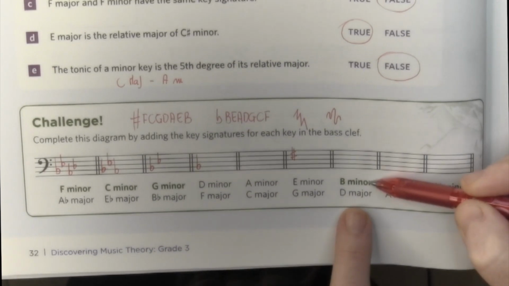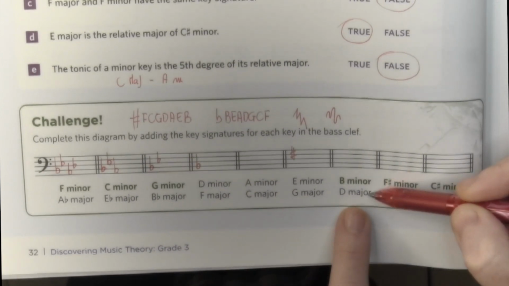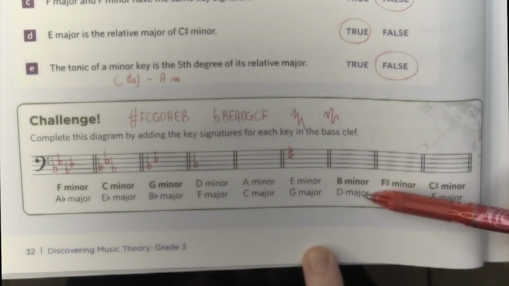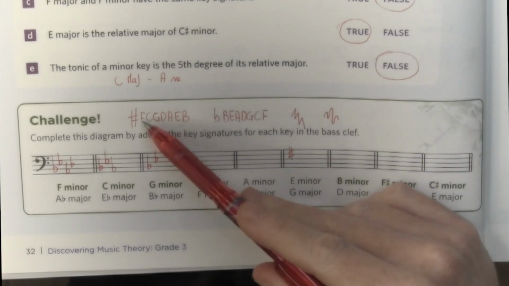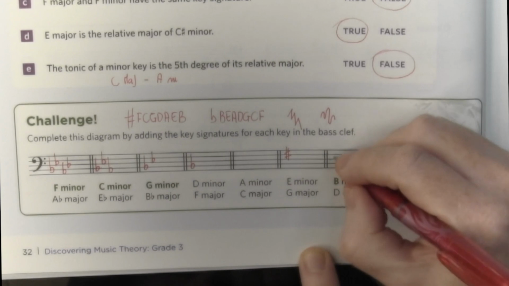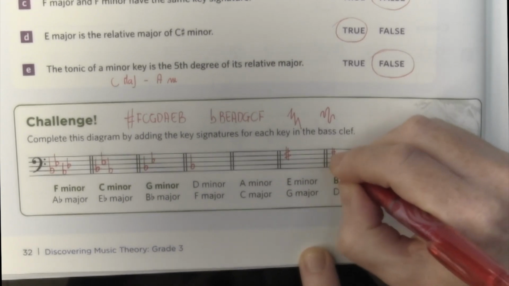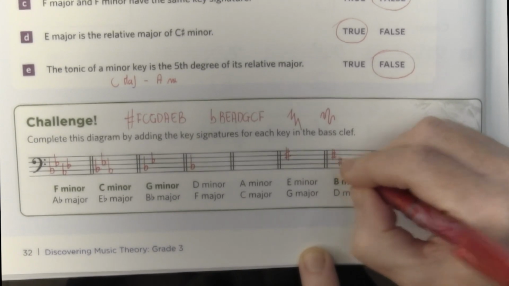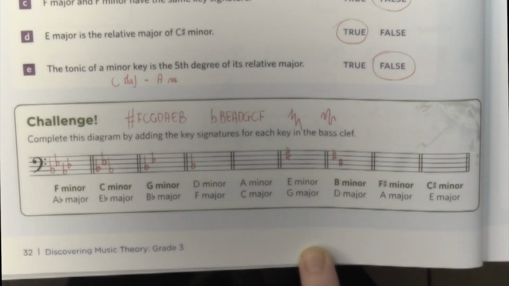B minor is the relative minor of D major, and it has 2 sharps because D minus 1 semitone is C sharp, and so this is our last sharp in our key signature. Fa, and where do we write the second one? Lower, do. Here it is.